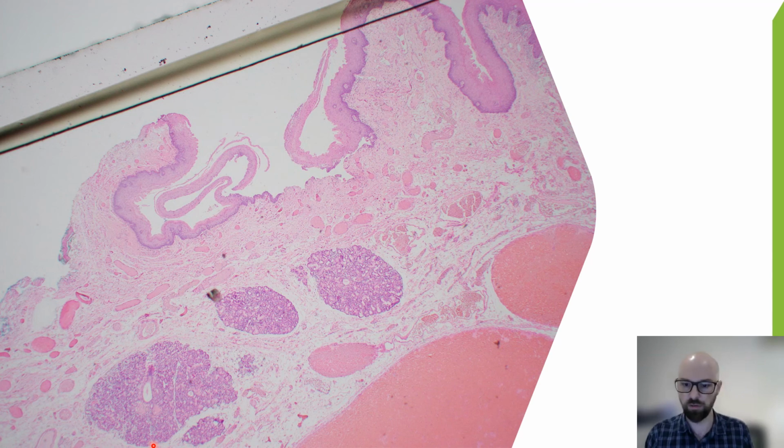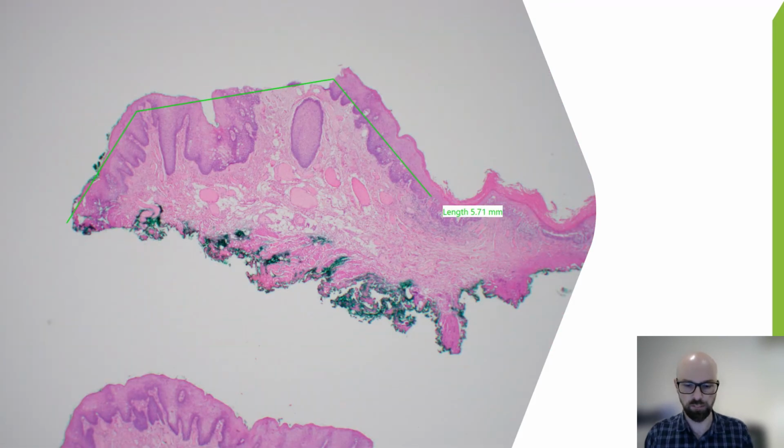And it really can be quite misleading and make the margin look a lot closer than what it actually is. So it's important to take that into account. And so I tend to go with the contour of the floor of mouth margins when making a margin measurement. In this case, it's dysplasia, but the same principle applies to invasive carcinoma.